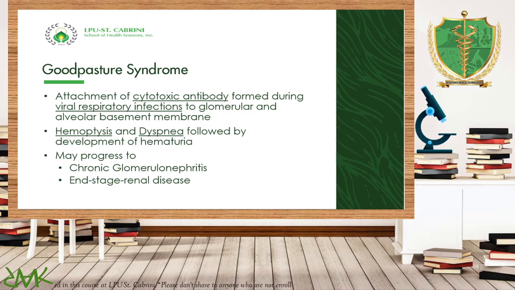Why was there a viral infection? Because of the virus. What a question, sir. This viral infection damaged not only the respiratory system, but also the glomerulus. So, meaning to say, the major site of the infection is the respiratory system, because of the deposition of viral respiratory infections.